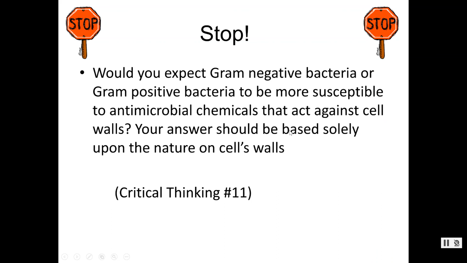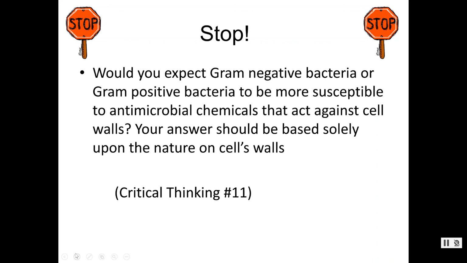It's only going to damage cell walls. So which bacteria is more susceptible? Well, in this case, gram-positive bacteria is more susceptible because the cell wall will be directly in contact with the chemical. The gram-negative bacteria has that outer membrane that's going to provide some protection. So in this case, a gram-positive bacteria is more susceptible.